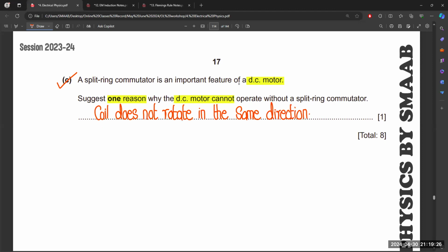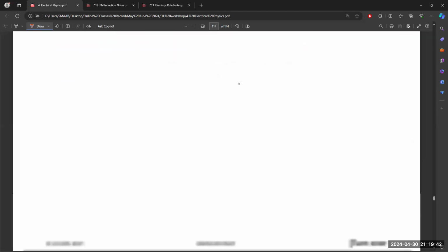So this is the same idea from the DC motor. These are some questions from electromagnetic induction also. Mostly in new papers, we found that questions are from transformers and electricity. This is also from 21, I think. Yes, 21.